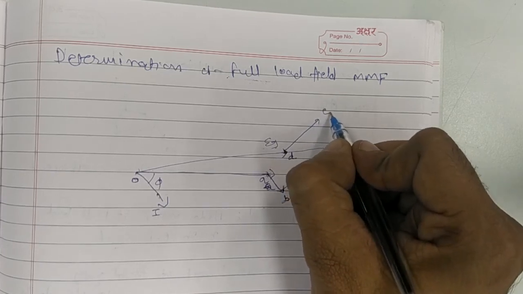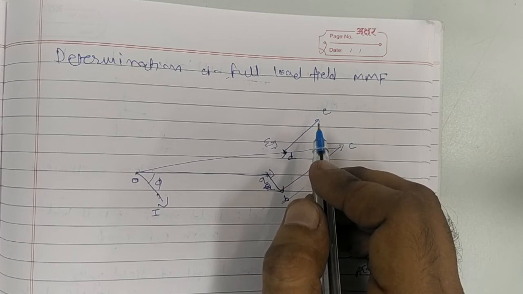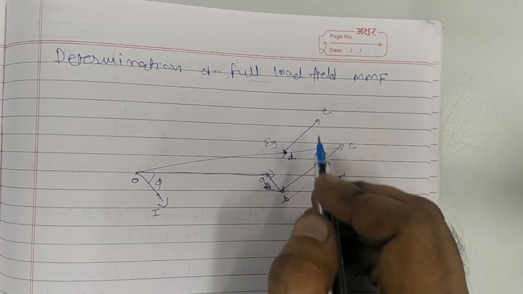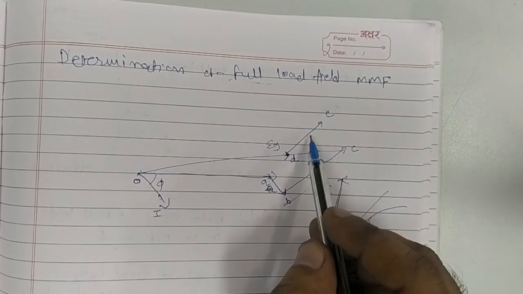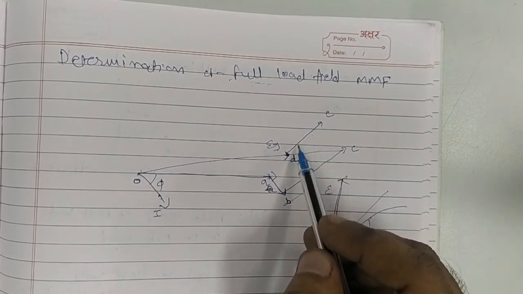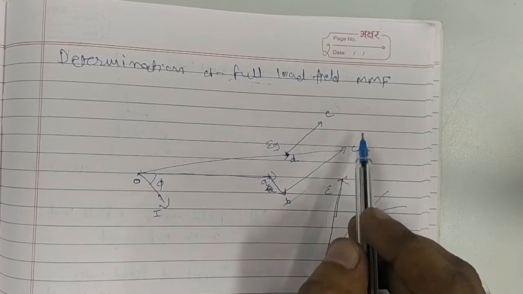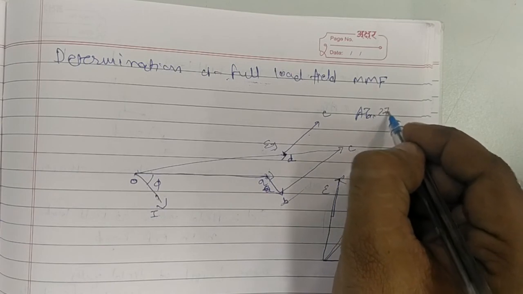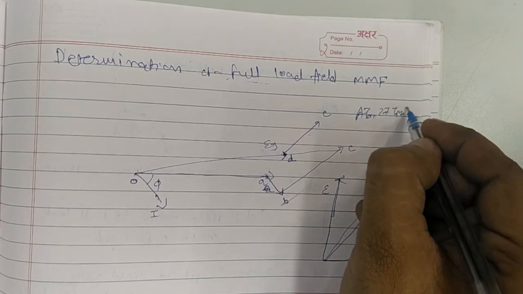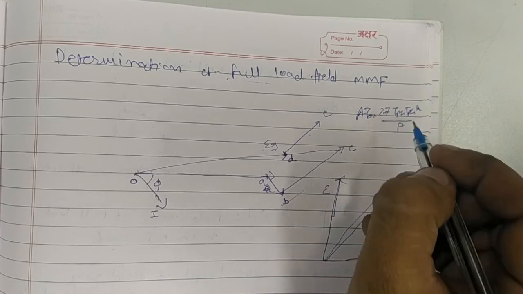E. So again I will repeat what DE is: it is the field MMF equivalent to the armature MMF per pole. The armature MMF value and this field MMF we are taking as same. How to calculate ATA, we have seen from one equation, like this: 2.7 into IPH TPH winding factor divided by the pole.